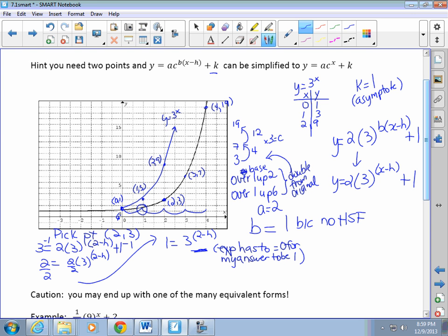So 1 is the same as saying 3 to the power of 0 is equal to 3 to the power of 2 minus h. If I have the same base, I can just drop that off. 0 is equal to 2 minus h, so h is equal to 2.